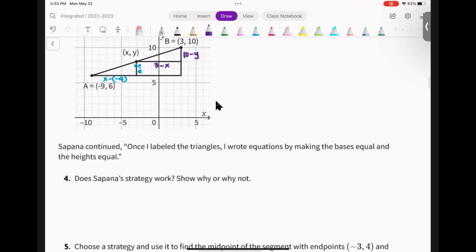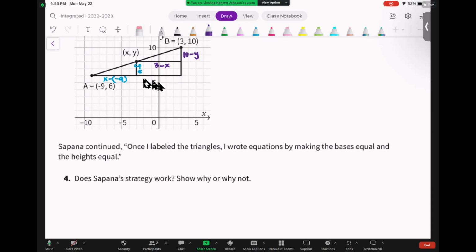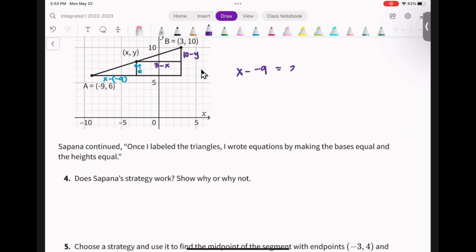So then she said, since I knew that these were two congruent triangles, I could say that this side is equal to this side. Okay, so let's try x minus -9 equals 3 minus x. And then the other equation she wrote was y minus 6 equals 10 minus y.